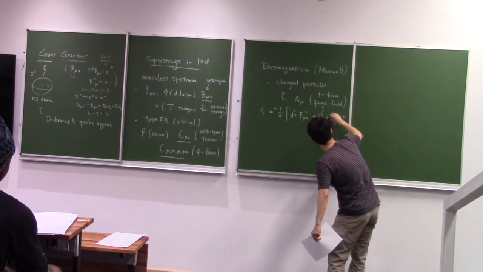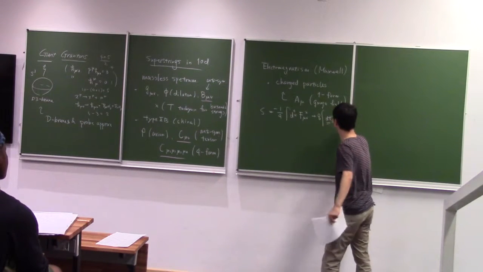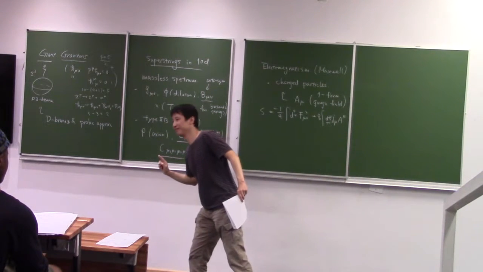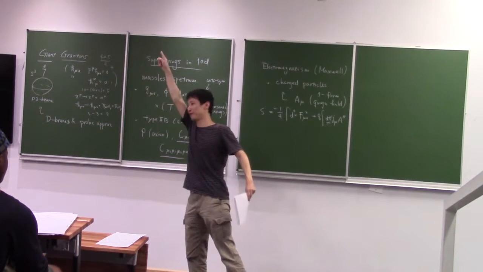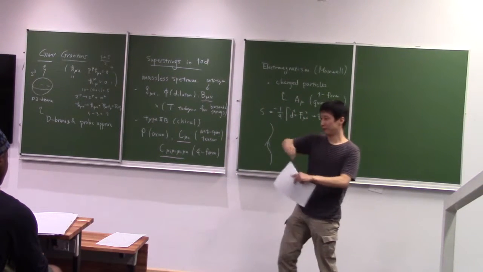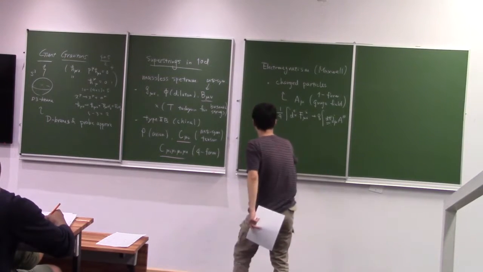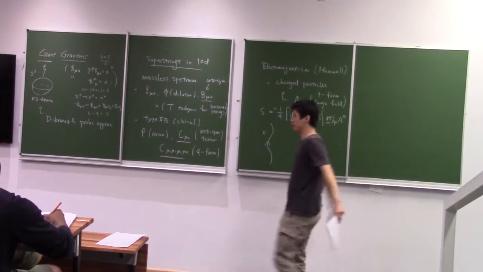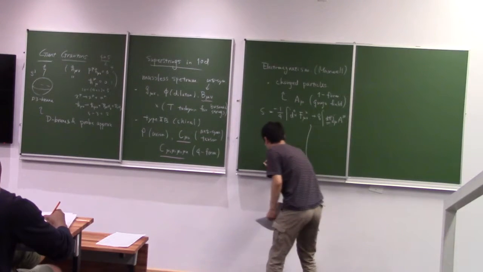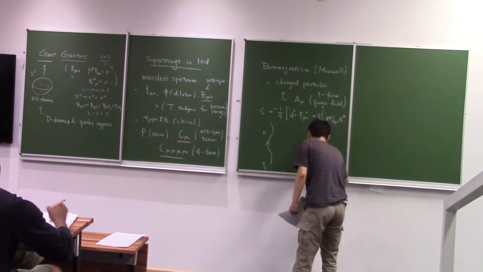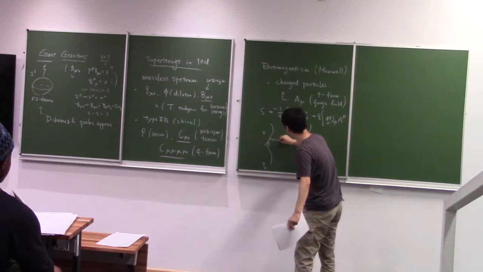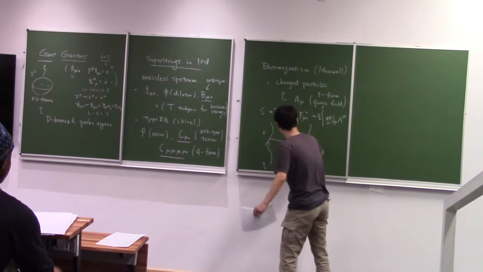And this tau parameterizes the world line. So for a charged particle, the trajectory is a line, and tau is parameterizing this. Good. And so if you have two charges, then what will happen is they will be exchanging gauge field.